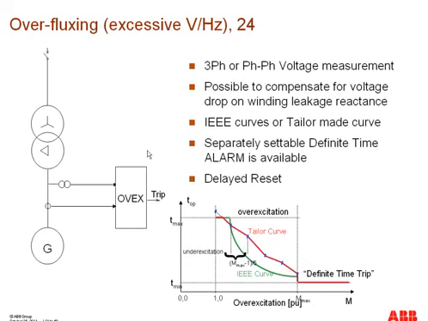These are the characteristics of the overfluxing protection. This protection is based on the calculation of the volts per hertz ratio. The action of the protection is usually to initiate a reduction of excitation, and if this fails, then a trip is issued after a certain time delay, which can be up to several minutes, in fact.